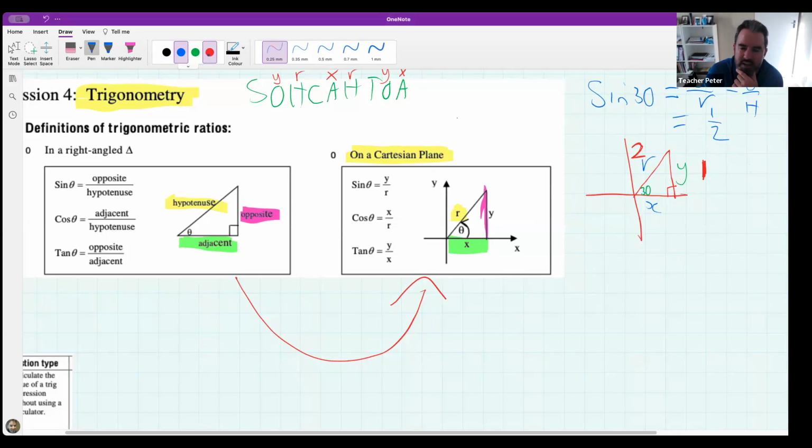Okay, but now what I want to suggest is that you can actually have a right-angled triangle following the definition of trig with 210. But to visualize 210, I actually have to go 180.